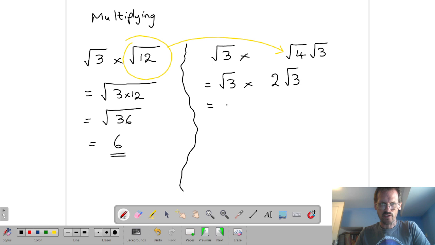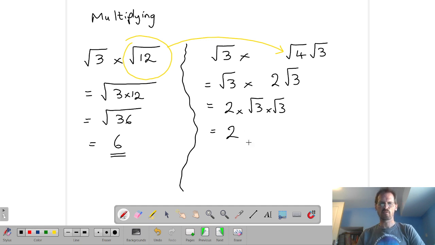So what we've got is 2 times root 3 times root 3. And we know that root 3 times root 3 is root 9, which is 3. So that's just 2 times 3, which is, of course, 6. Okay, so you can either multiply everything first in the square roots, or simplify, then multiply. Quite straightforward.